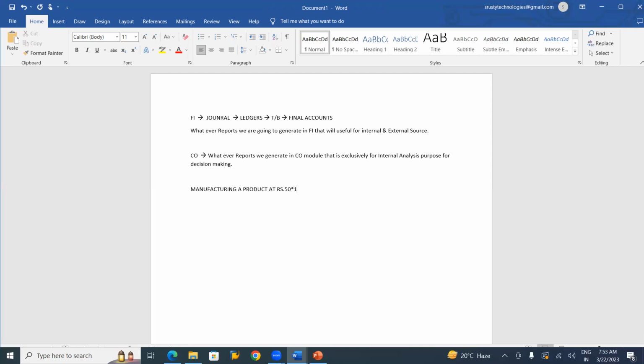So 500 is my cost, right? And we are selling each product at 60 rupees. So your 50 rupees is cost plus 10 rupees is your profit, and price is 60. So price is nothing but cost plus profit, right?